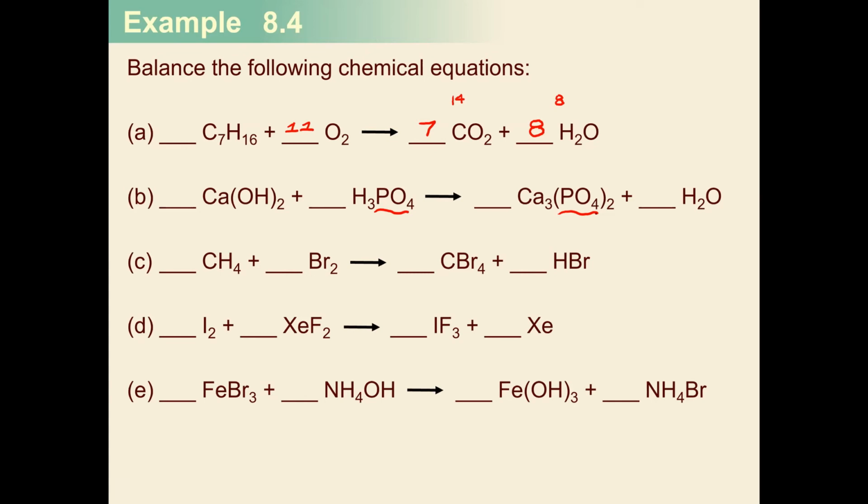So if you have a reaction in which a polyatomic does not break up, you can treat it as a package deal in which you can take it all together. So what I want to do in this case is go and put in a 2 for my phosphate. That way my phosphate polyatomic is correct. Notice that I will need 3 calcium, so I can put 3 here.